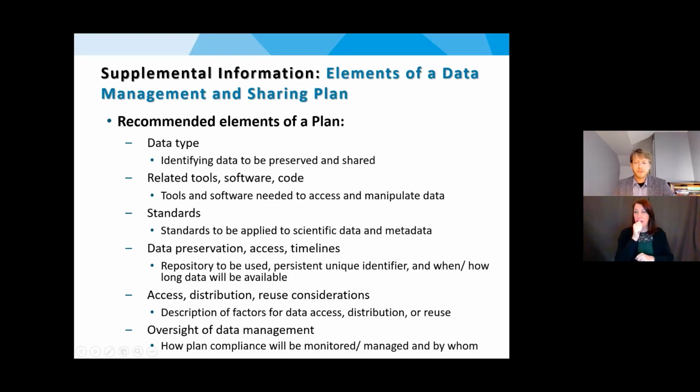This is also where plans could indicate whether access to data will be controlled. And I want to, again, remind you that the policy encourages researchers to consider controlling access for human data, even if it's de-identified. And last, the final element should include a description of how compliance will be monitored at the institution and who will have that responsibility.